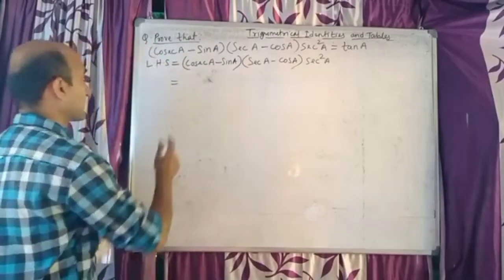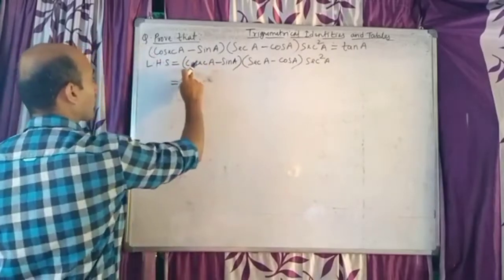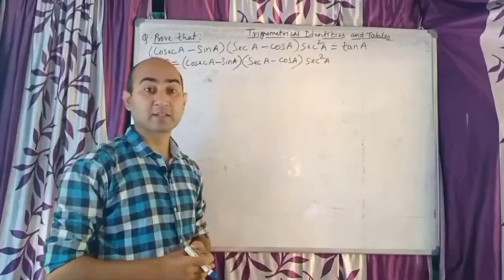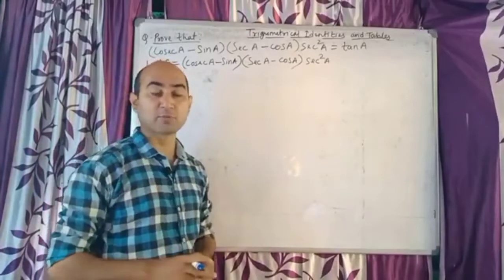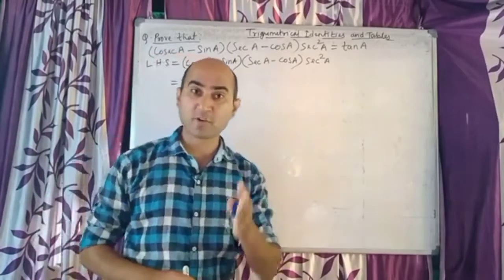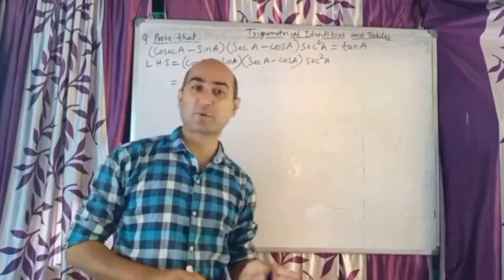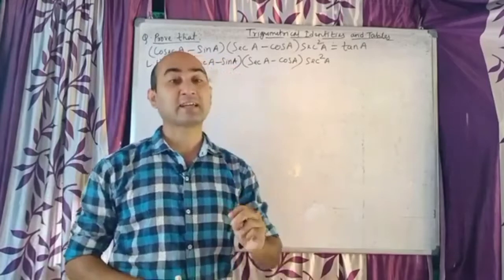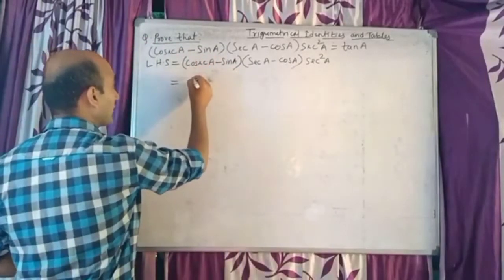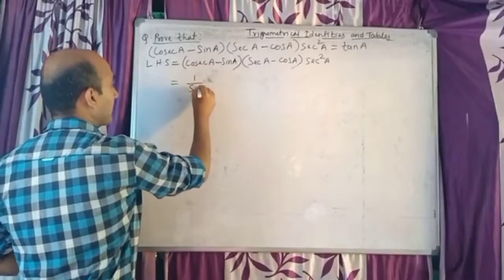So first of all, you should think, is there any formula of cosec A which can become sin A? Yes, I have told you a formula, that is sin A equal to 1 by cosec A and cosec A equal to 1 by sin A. So I will try to use that reciprocal formula, cosec A equal to 1 by sin A.